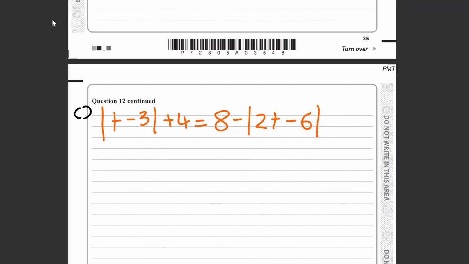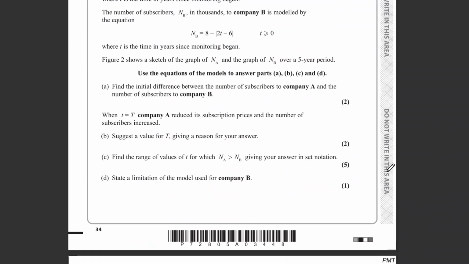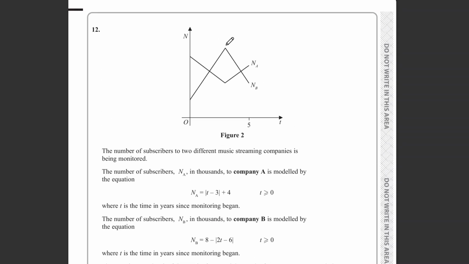Okay, so there's a few ways that you can solve this question. The easiest way to do it, in my opinion, is if you look at this figure here. As they're moduluses, we have these 2 turning points where the graph reflects on itself. And as we talked about in part B, this is where the function inside the moduluses is equal to 0. And you can actually see that for both these points, they are the same t value, and we found out in part B that this is 3 here.